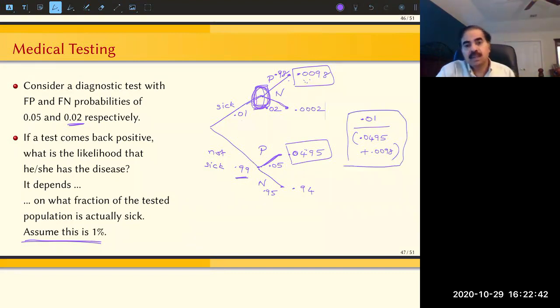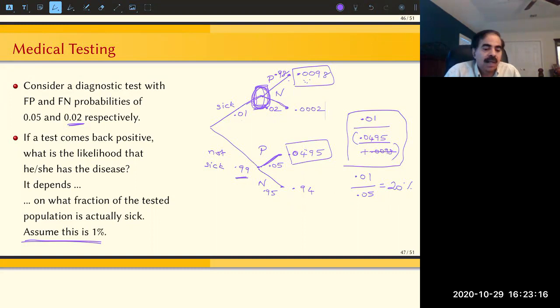There may be some differences in the second or third digit, but when you look at it very quickly, you can ignore this as compared to 0.0495, at least to get a quick estimate of the value. Then you end up with something like 0.01 by 0.5, which is like 20%, right? So the likelihood that you are sick is in fact quite small.